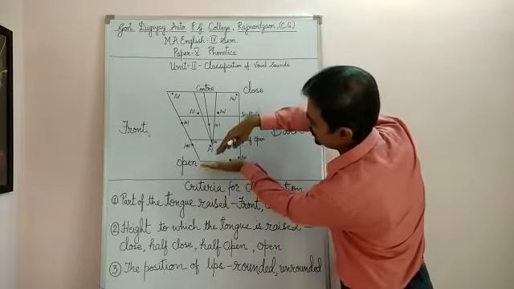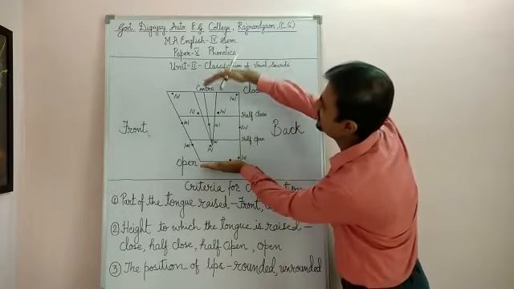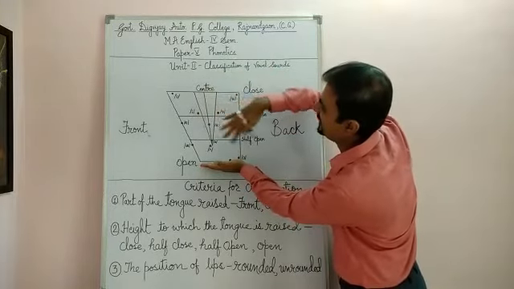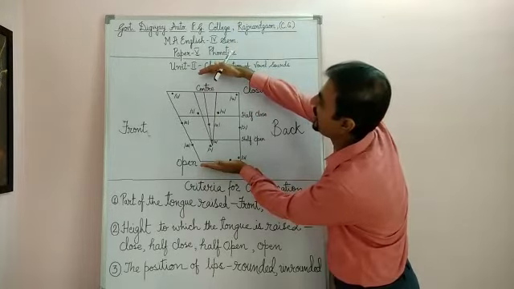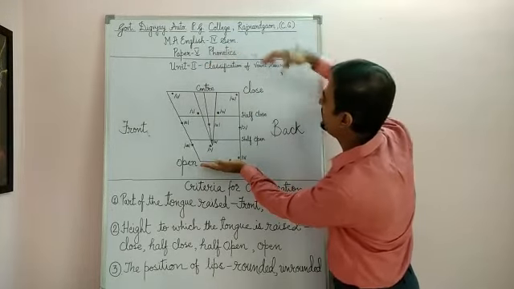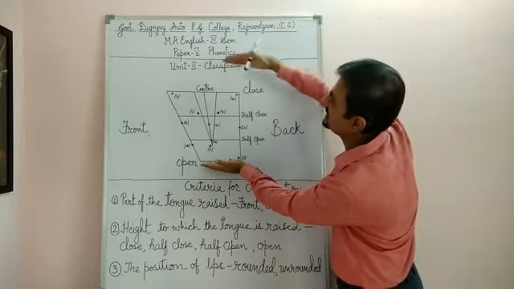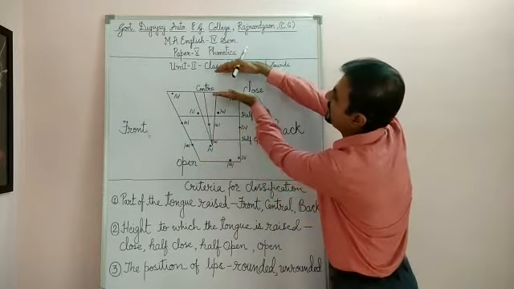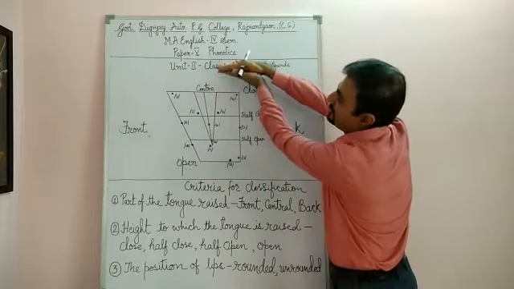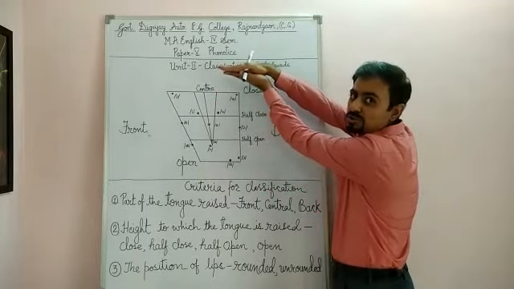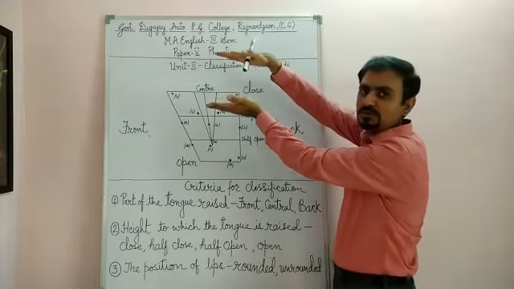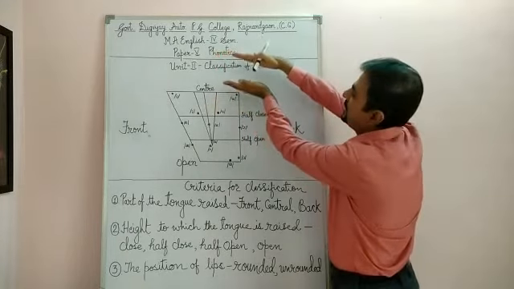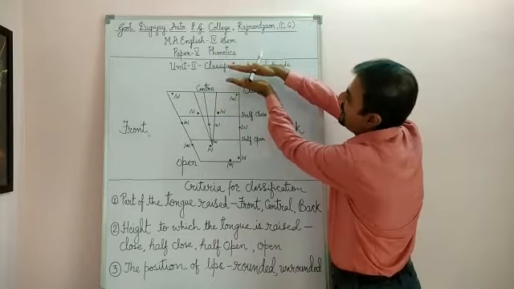This is the position of our tongue, inside the area of our mouth, and suppose that here is the hard palate. Now, when we say close, it means the mouth is nearly closed but not completely closed. If it is completely closed, air cannot pass out of the mouth, so it cannot produce any vowel sound.